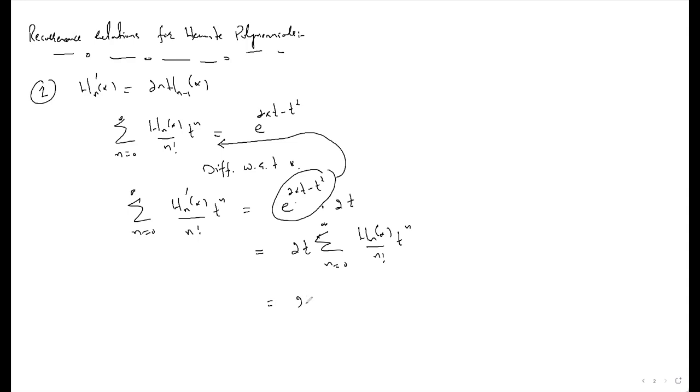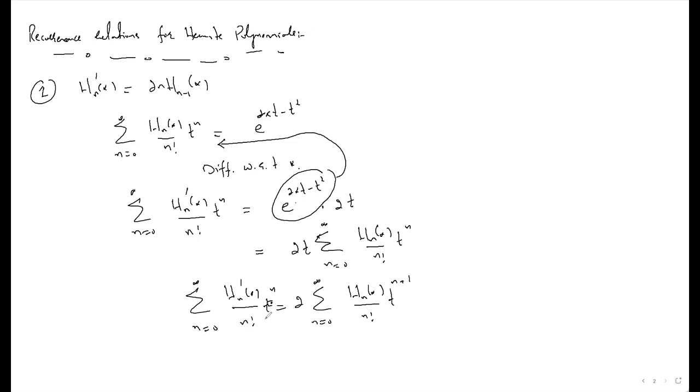Or this is equal to twice summation n running from 0 to infinity H_n(x) divided by n factorial then t raised to power n plus 1, because of this multiplication. Okay, so the left side is summation n running from 0 to infinity H_n prime of x divided by n factorial into t raised to power n.